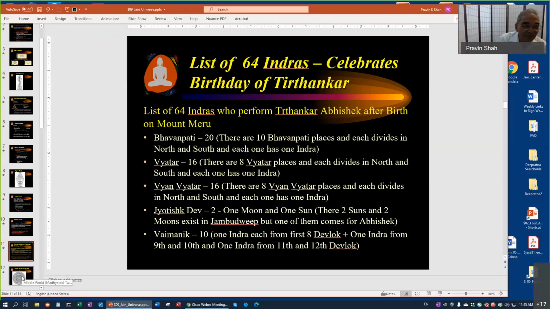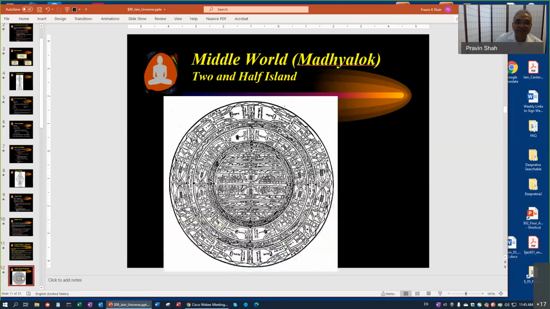Now, here is the one chart. This is a really important one. This is the Madhya Lok, and we discussed this is the 2.5 island. The 2.5 island is the one where all human beings in the universe exist.